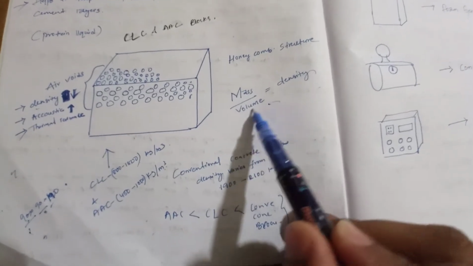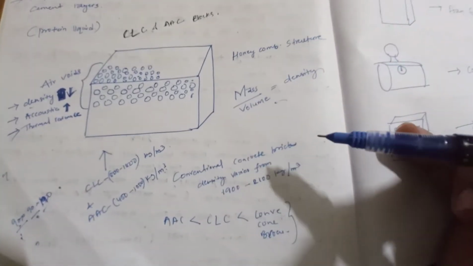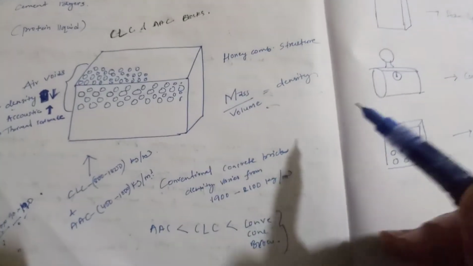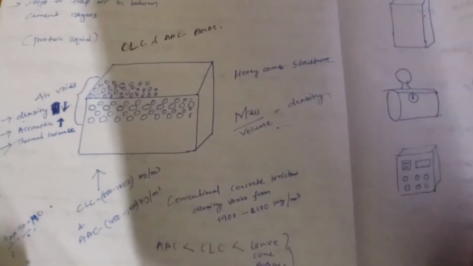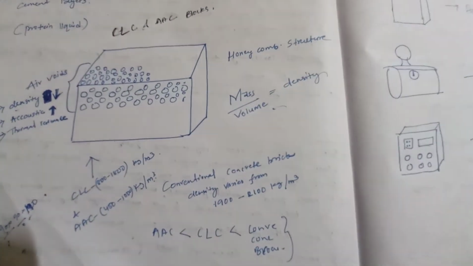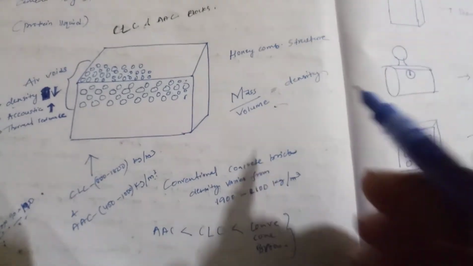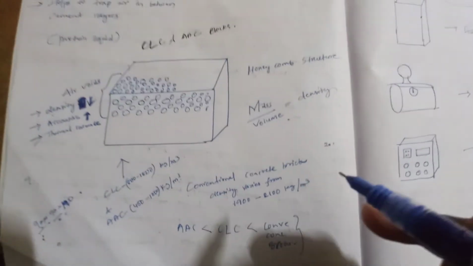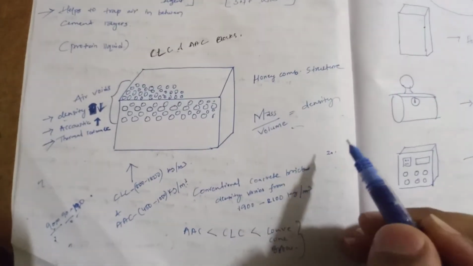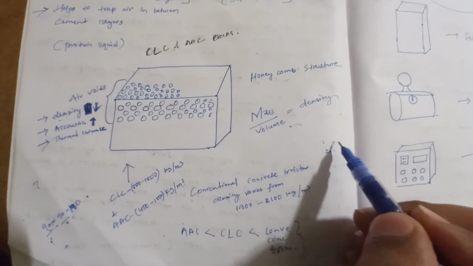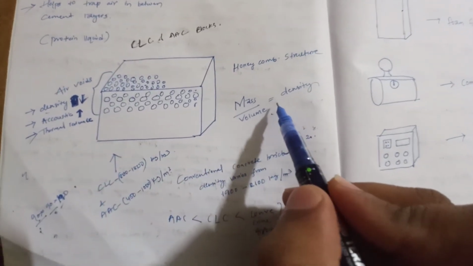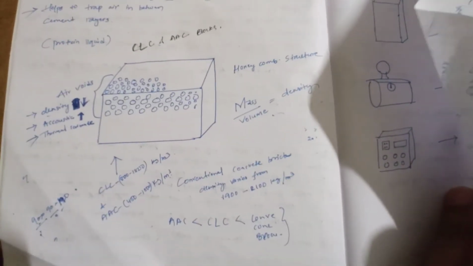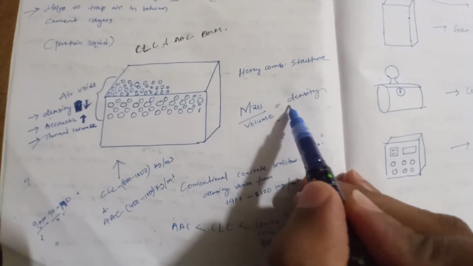When the volume is constant and the mass decreases, density decreases. For a brick of size 600 mm into 200 mm into 150 mm, a concrete brick will be around 20 kgs, but a CLC or AAC block will be 7.5 to 8 kgs. So 7.5 kg by that volume will give a very low density.